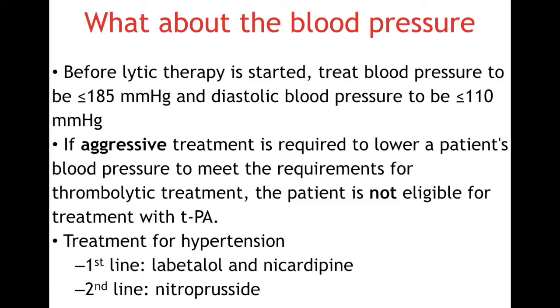We will, for example, use a bolus of labetalol or start a drip of labetalol or nitroprusside, and any aggressive treatment, which means multiple boluses or having to increase the drip without much improvement or without the patient reaching systolic under 185 or diastolic under 110, will exclude the patient from getting TPA.